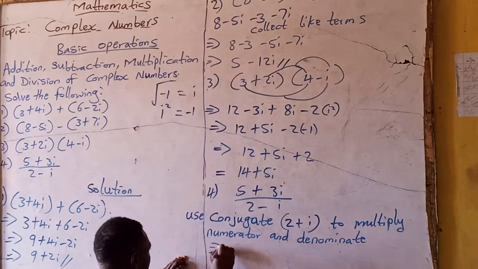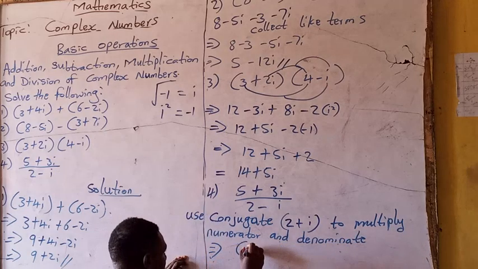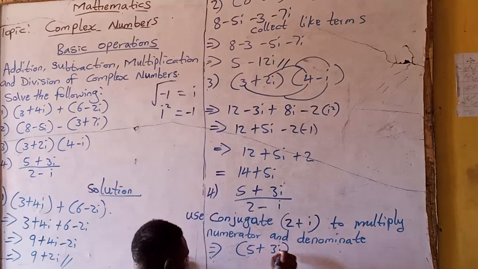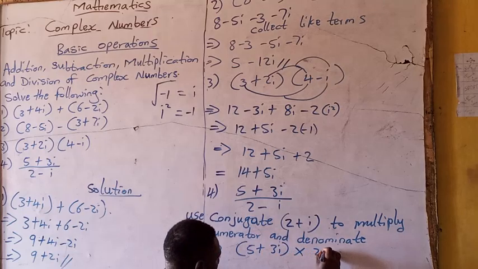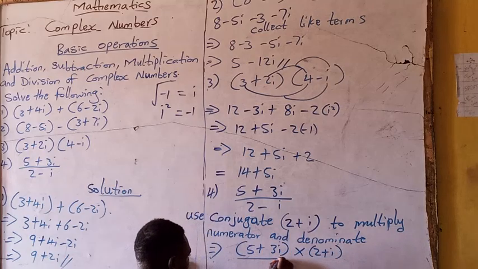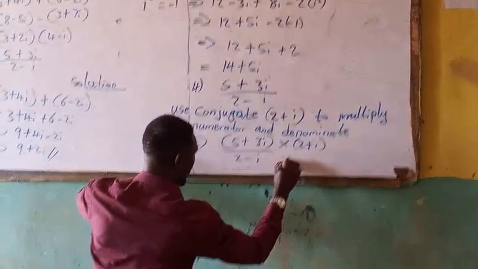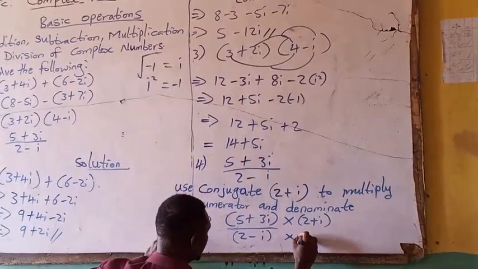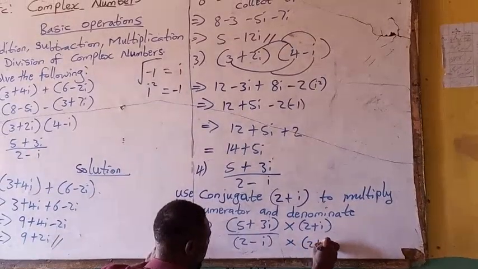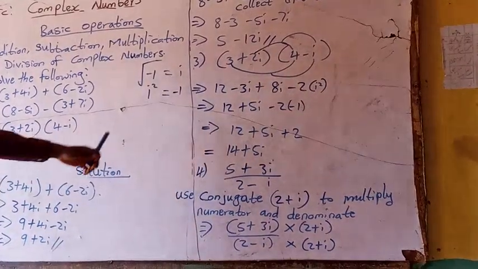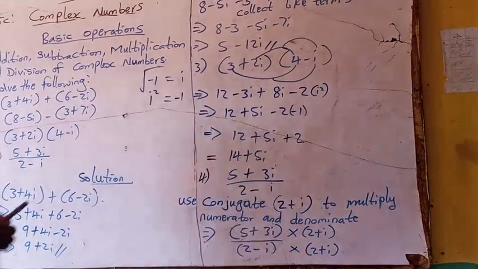This implies that I will use brackets as multiplication: (5 + 3i) times (2 + i) for the numerator, and then (2 - i) times (2 + i). Now this is the procedure for solving division. Let me take away this part.